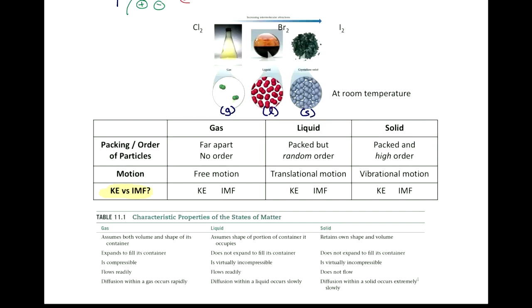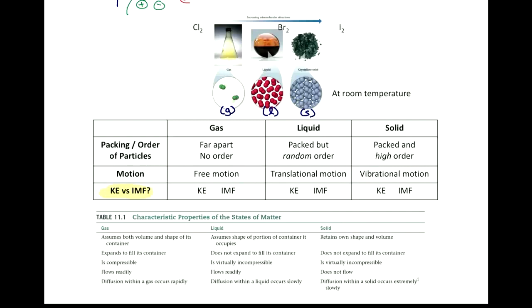When we think about gases such as Cl2, we can think about their packing and motion. We have free motion here. Let's use our intuition to think about the balance between kinetic energy and attractions via intermolecular forces. Which one dominates in a gas sample?